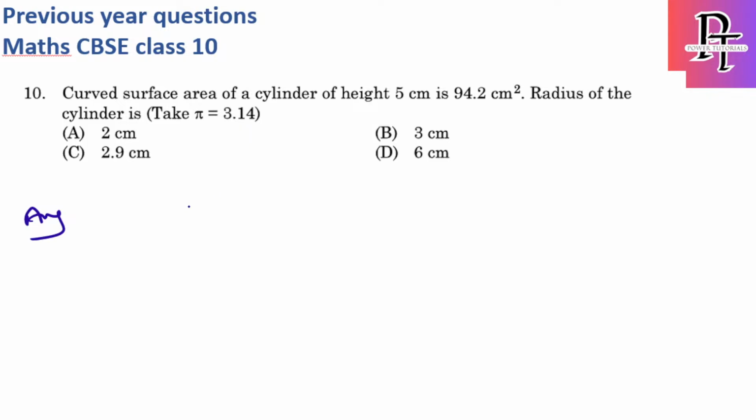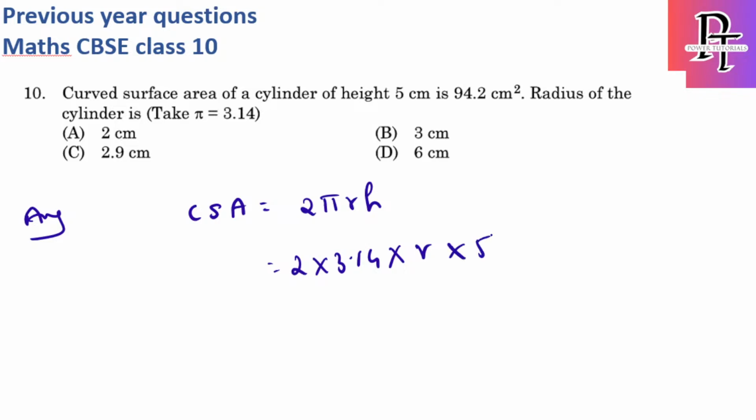CSA of cylinder formula is 2 pi RH. So let's substitute 2 into pi value 3.14, R value we need to find, H value is 5, and the CSA is provided, which is 94.2.